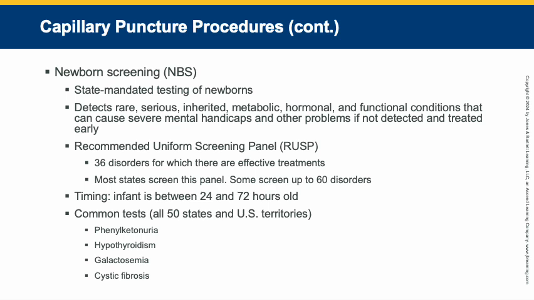Requirements for disorders to be part of a state's newborn screening panel include funding sources for screening, benefits to early diagnosis, availability of accurate tests to confirm diagnosis, availability of treatments, and the incidence of the disorder in the state. Timing is when the infant is between 24 and 72 hours old. And common tests that are done in all 50 states test for phenylketonuria, hypothyroidism, and cystic fibrosis.